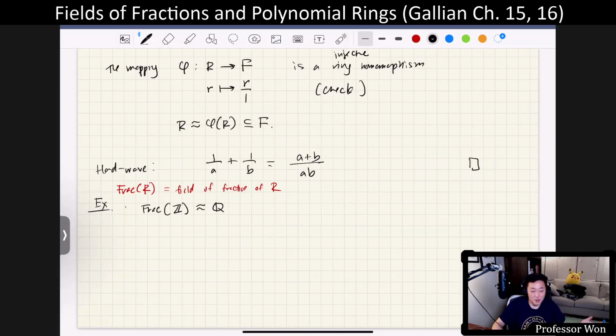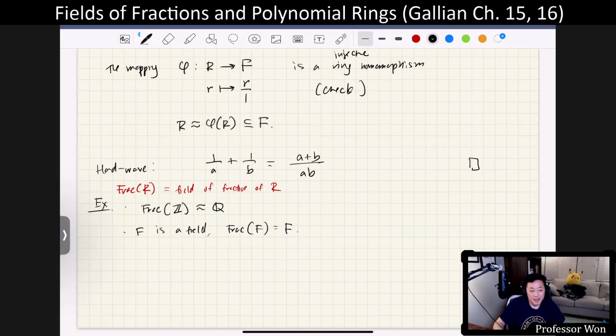Q can be viewed as equivalence classes of pairs of integers with the denominators non-zero, with the addition and multiplication operations that we defined in the field of fractions. Okay, a homework exercise: if F is a field, then the field of fractions of F is just F. This of course follows immediately if you take my word that the field of fractions is the smallest field which contains the ring.